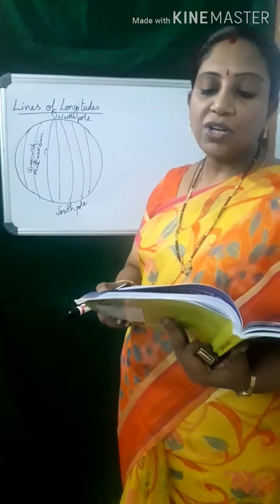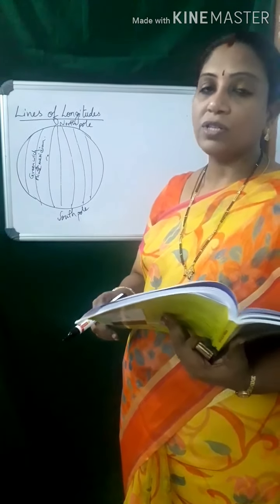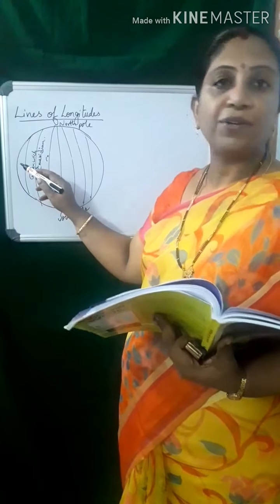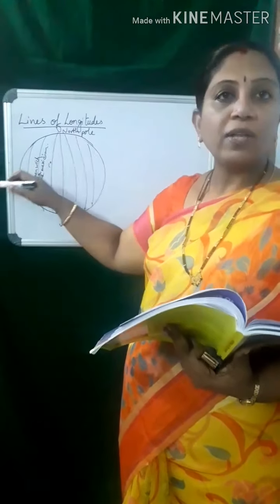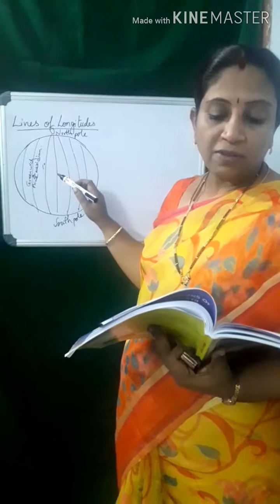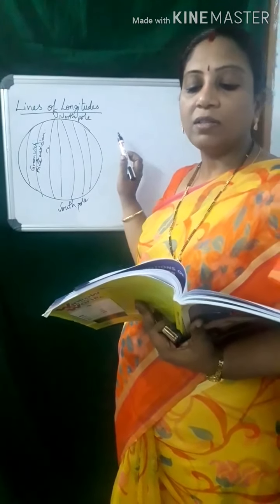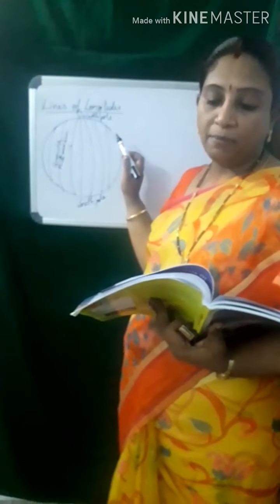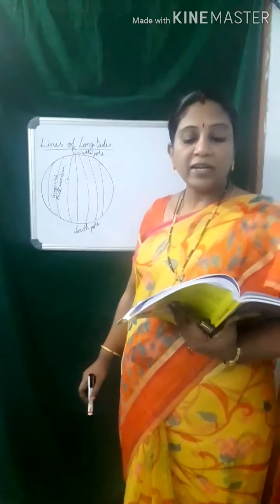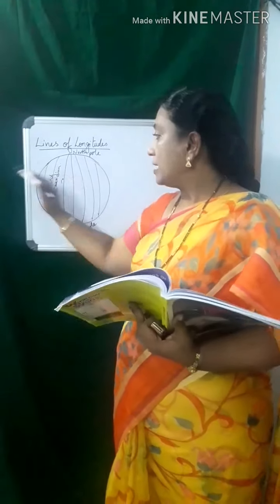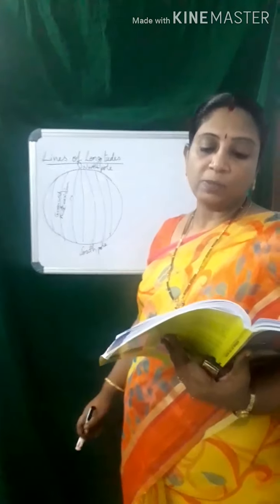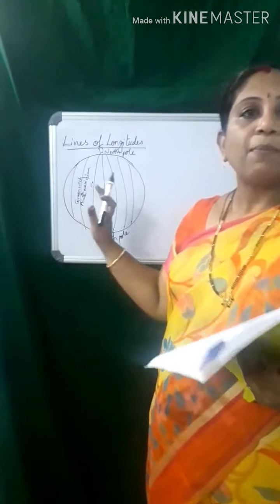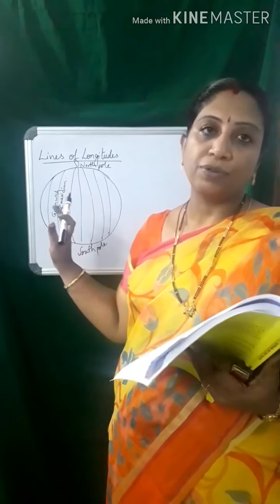There are 360 degrees of longitudes: 0 to 180 to the east and another 180 to the west of the prime meridian. The prime meridian divides the earth into the eastern hemisphere and the western hemisphere respectively. This is about the lines of longitudes.